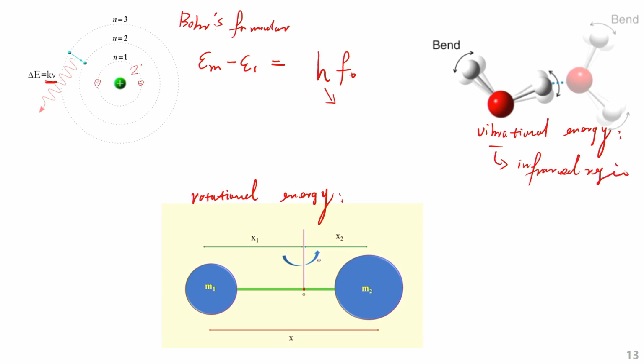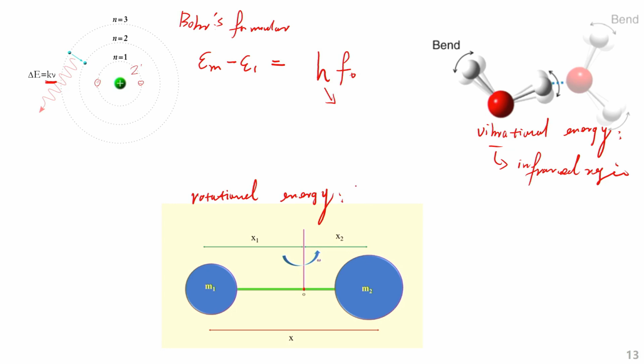And the rotational energy is due to the rotation of the molecule around its center of mass. The molecules can rotate around different axes, and the energy associated with this rotation is quantized as well. The rotational energy levels depend on the moment of inertia of the molecule and are relevant in microwave spectra.